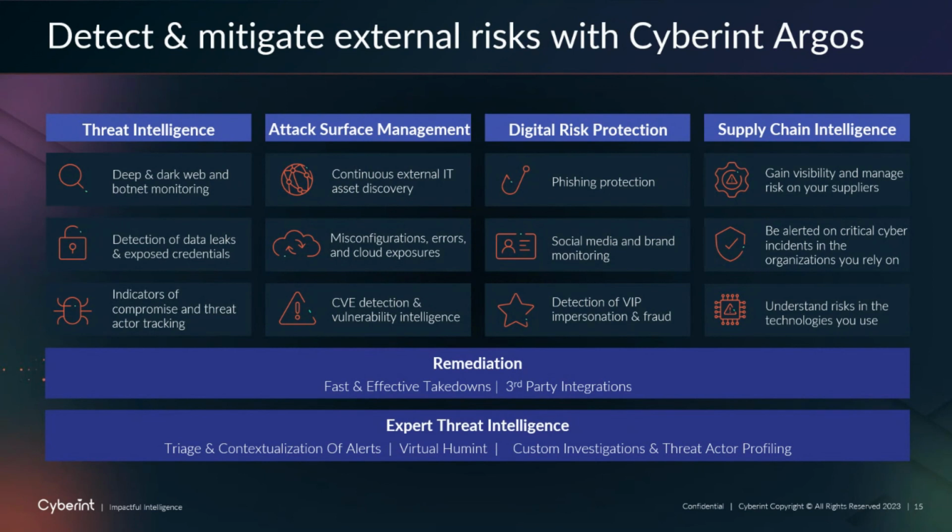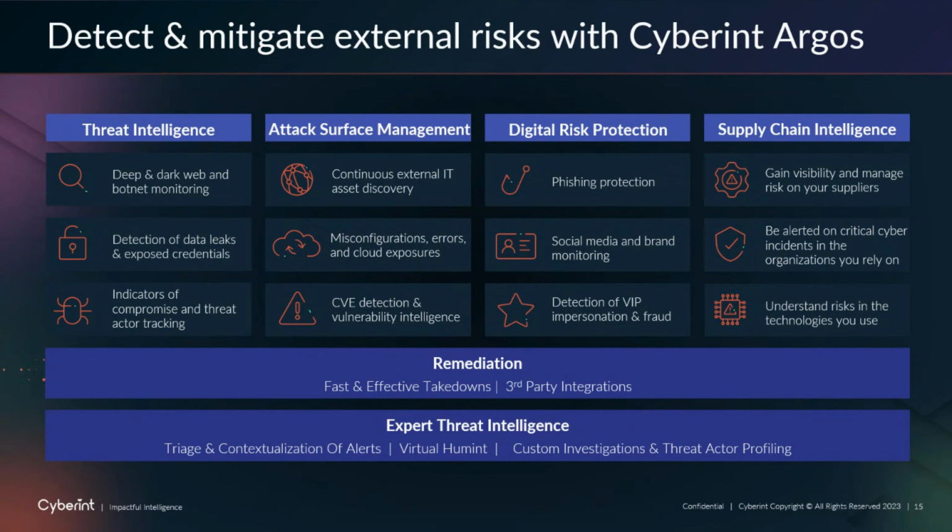We're basically based on our ability to monitor the open, deep, and dark web, build lists of IOCs and track threat actors, as well as scan and monitor the internet on an ongoing basis, and then associate different anomalies on the dark web or on the internet that could indicate that they are relevant to you and they pose a risk, whether it's misconfiguration, whether it's CVEs, whether it's campaigns or phishing attacks, or any attack that's being taken from the outside against your assets.